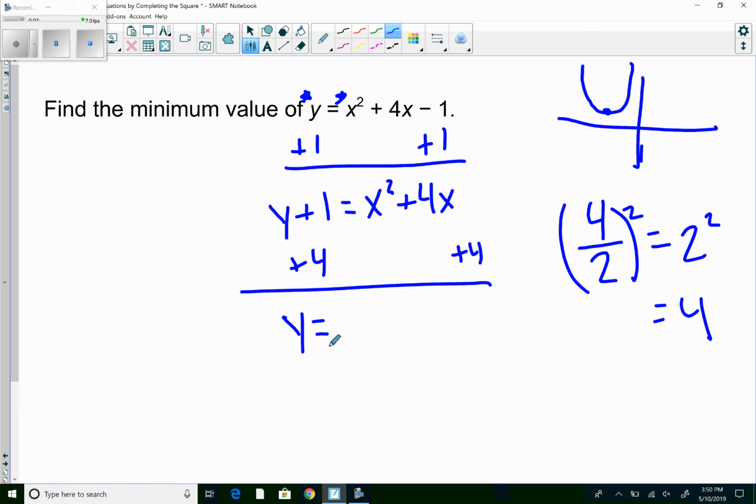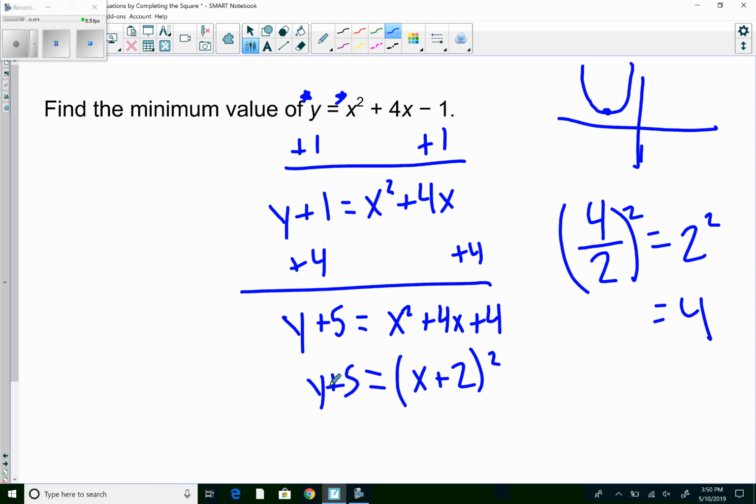Okay, so now we're in the form of y plus 5 equals x squared plus 4x plus 4. Then now we can take this trinomial and change it into a binomial squared. So this is going to turn into x plus 2 squared equals y plus 5.